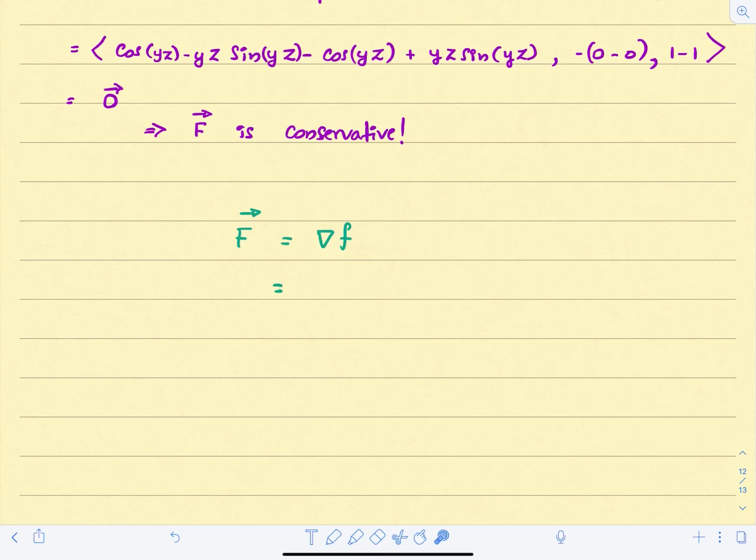So let's consider the gradient of f, which is partial f of partial x, partial f of partial y, and partial f of partial z.